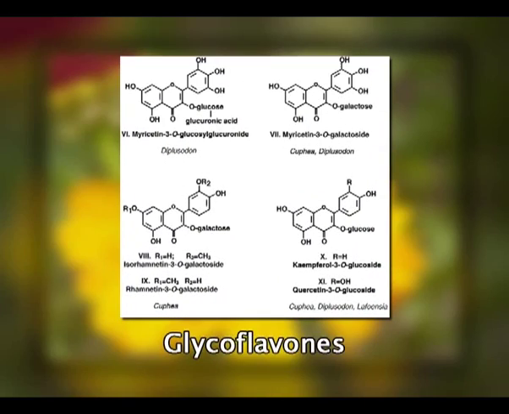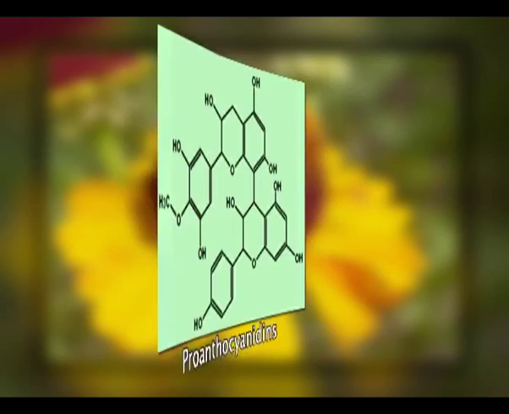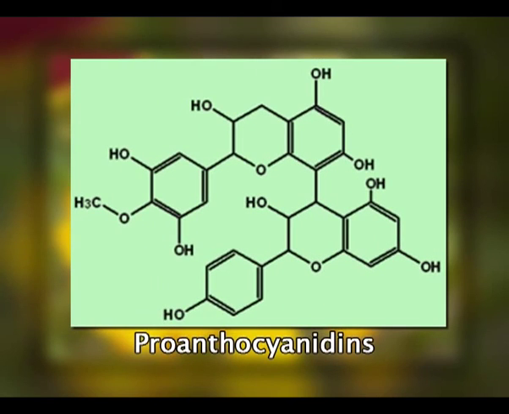The primitive and advanced types of flavonoids in angiosperms were deduced by Harborne in 1977. According to Swain, 1975, during the course of evolution, flavonoids increased in their structural complexity from the primitive glycoflavones in Chara to the proanthocyanidins in ferns, gymnosperms, and putative angiosperm progenitors.